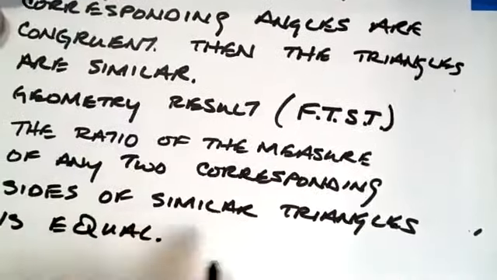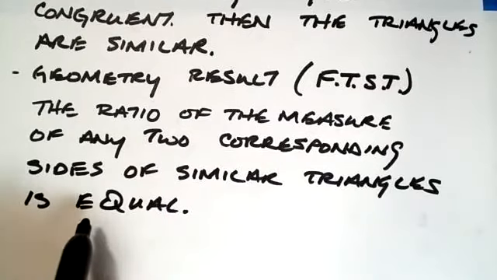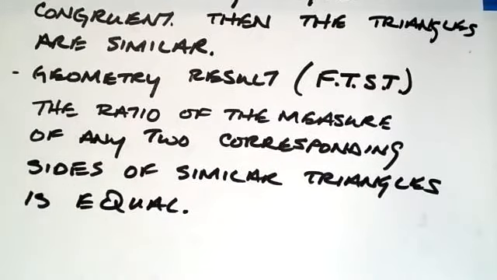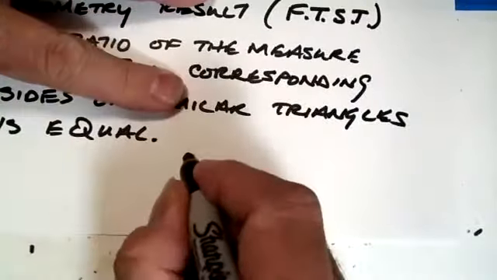So you have to already have 2 triangles that are similar. And what this is saying is, if you compare 2 sides that are the corresponding sides, so they're between 2 angles that are equal, this would be kind of the diagram here.